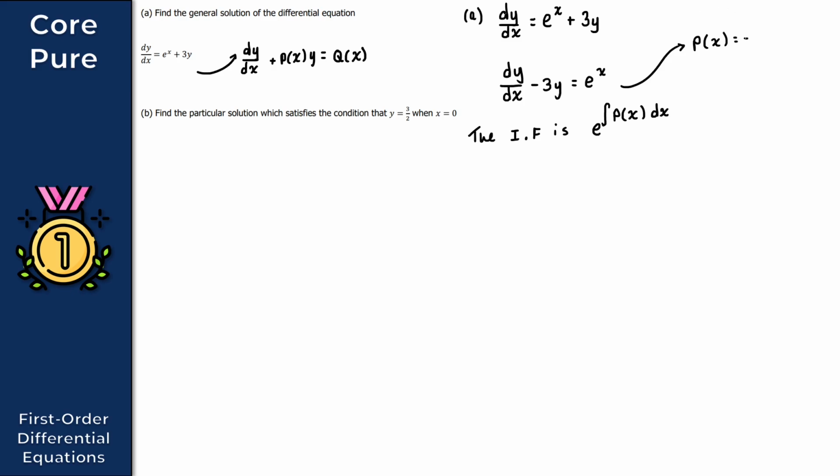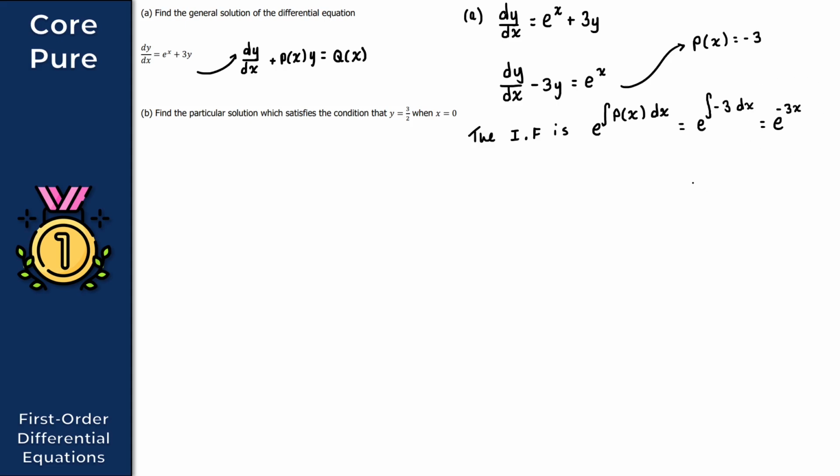So our integrating factor is e to the power of the integral of minus 3 dx, which evaluates to e to the power of minus 3x.